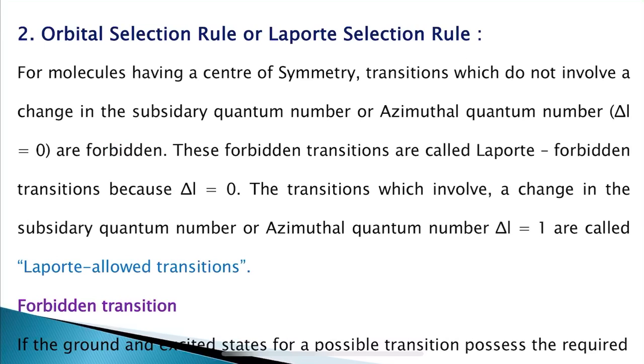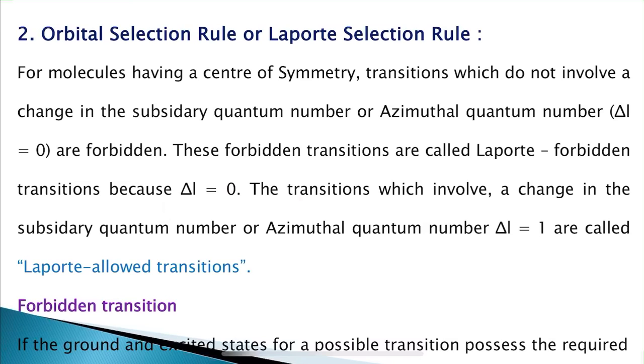Suppose we observe the quantum number of electrons in a system having a center of symmetry, and the transition does not involve a change in the quantum number. Such transitions are not allowed and are called forbidden transitions, also called Laporte forbidden transitions, because delta l is equal to 0.